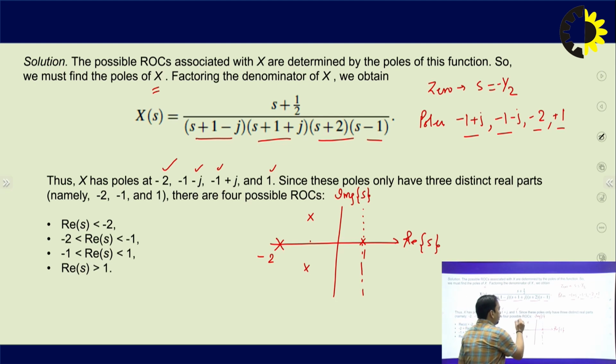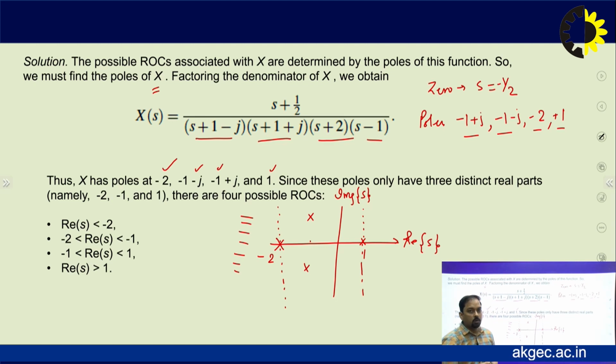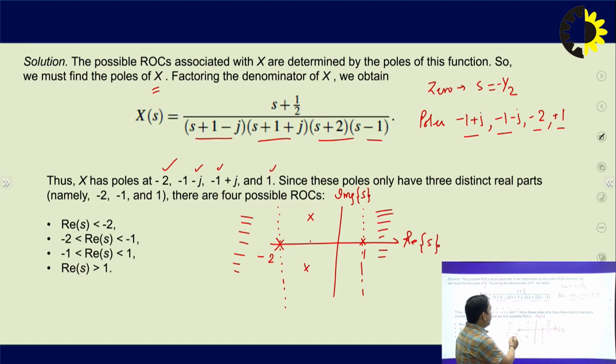Next, if the region of convergence is to the left of the leftmost pole, the signal has to be a left sided signal.